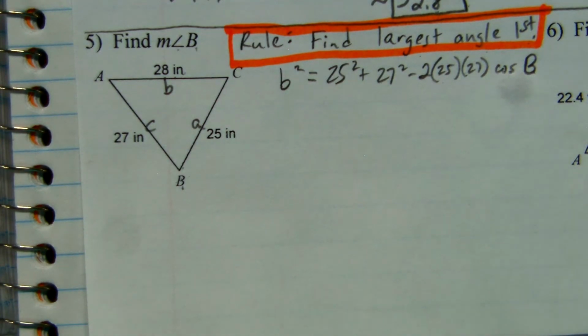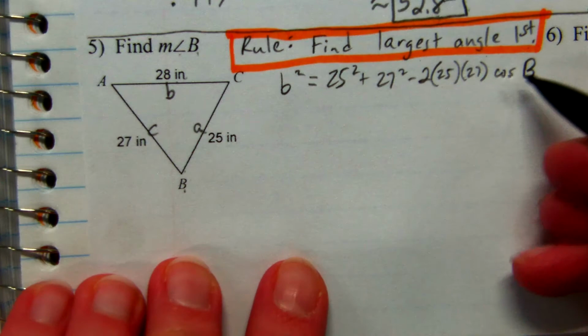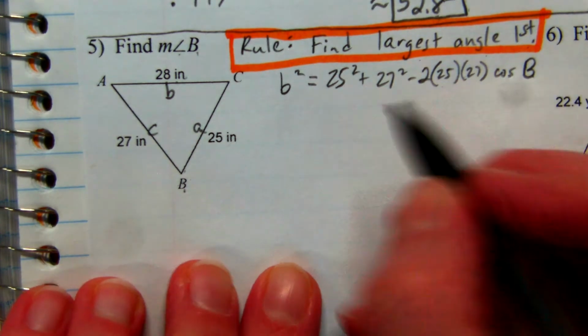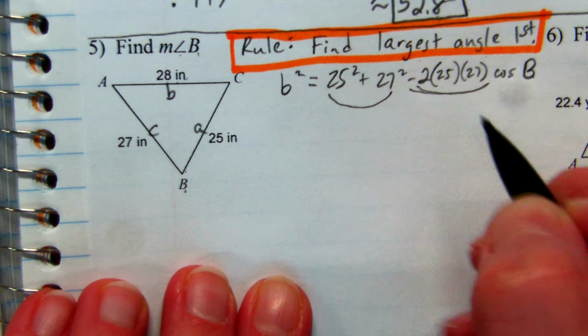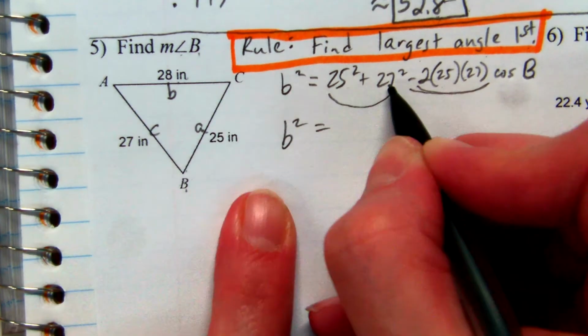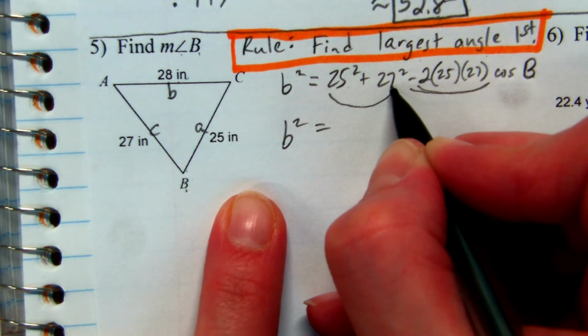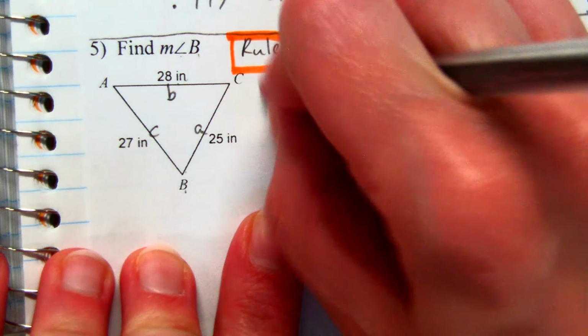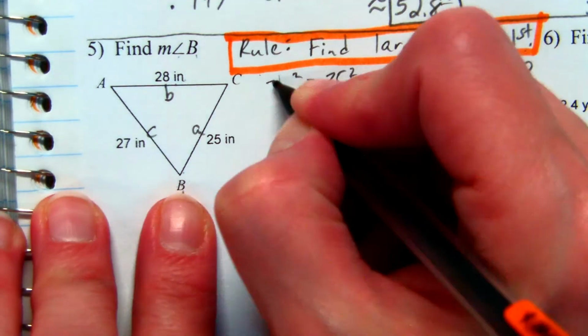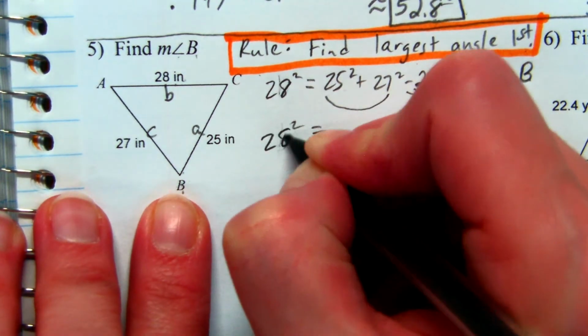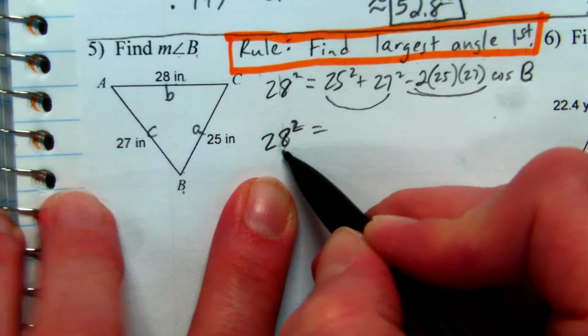Okay, so this one you cannot type all into the calculator because you're solving for this. So you want to do this part all together and all of this together. So you do the 25 squared and the 27 squared and add those up. Oh, and I'm sorry, B squared we already have. So B squared, I should be putting 28 squared in. So let's do that really quick because I have that.